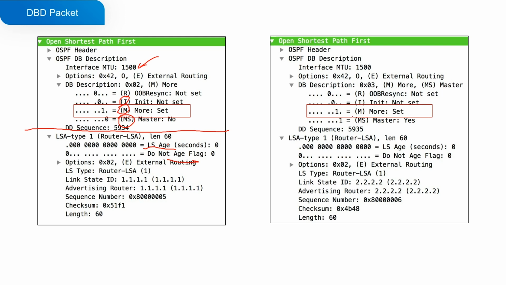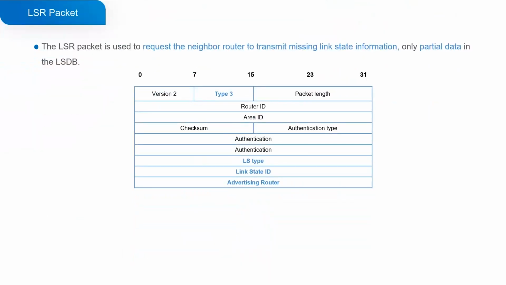And next is the MS, which means this packet is from the master router. So this is the DBD packet information. After this, we will go on to the next packet.